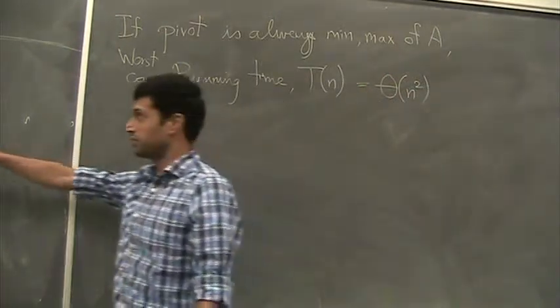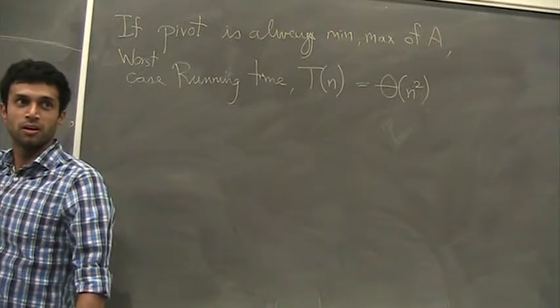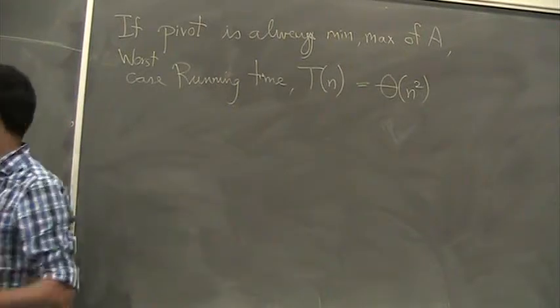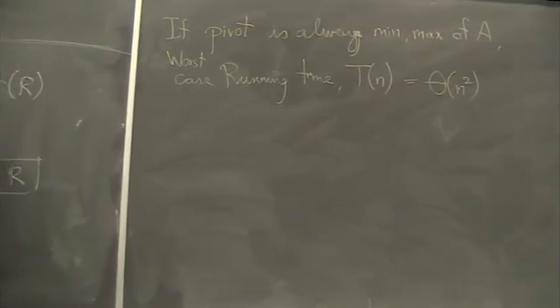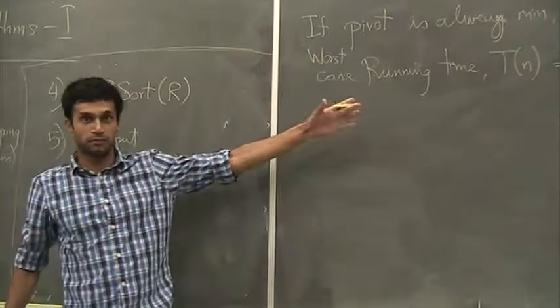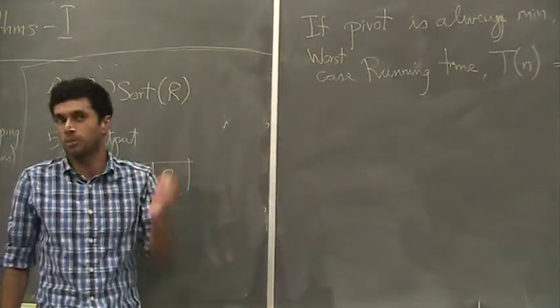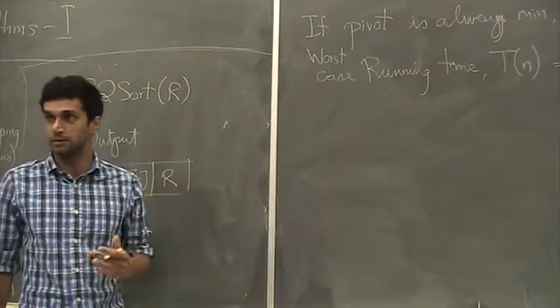Even if the array was not sorted, if the pivot was always the first or the last element, then you have the problem. So there is some probability that this bad behavior still happens.